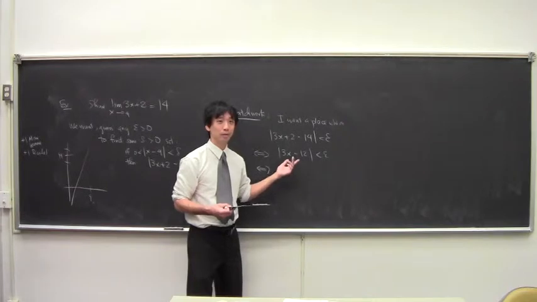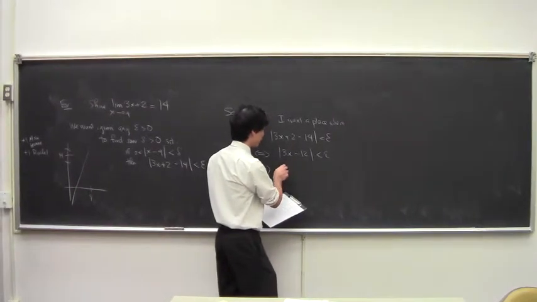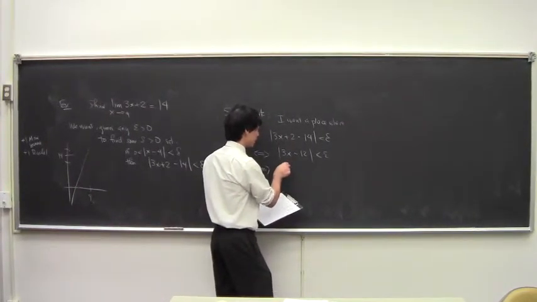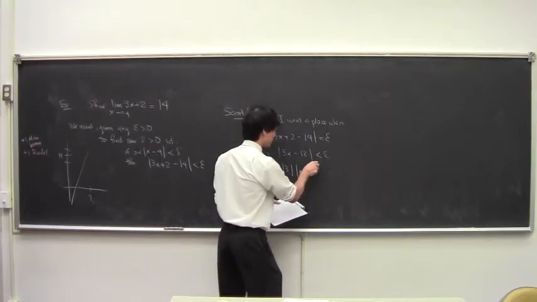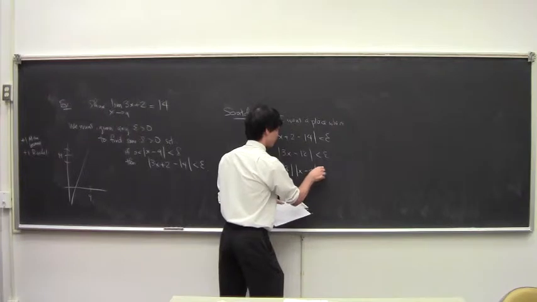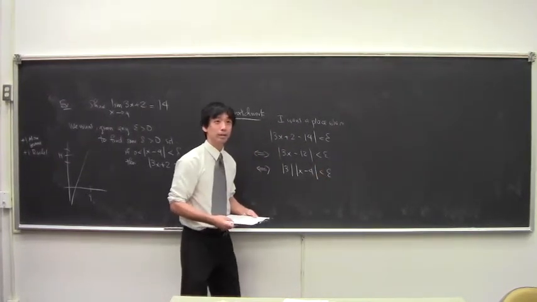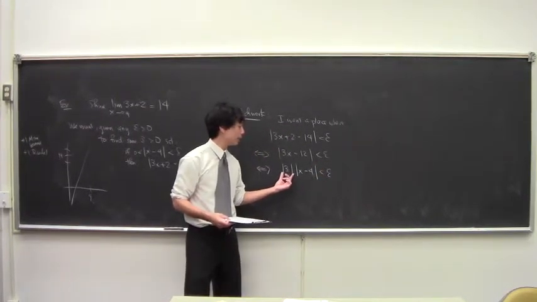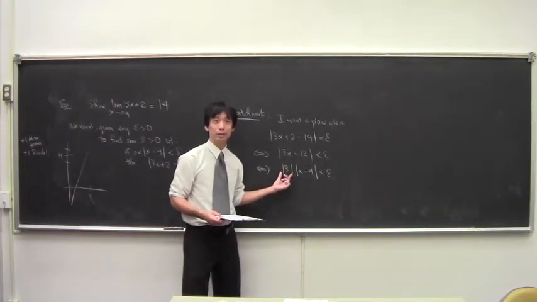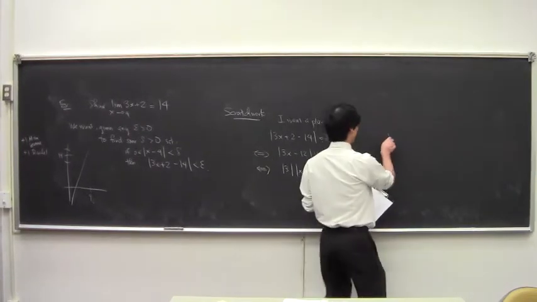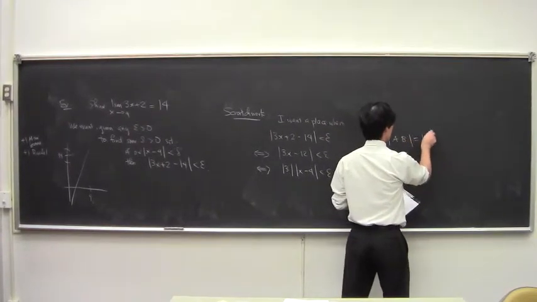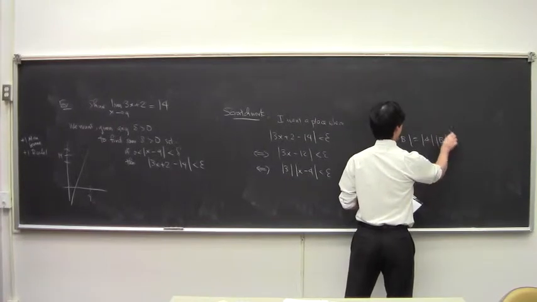Taylor? You can take out the 3. You can factor out, to be sort of pedantic, you could write it like this, just to make it clear that you're pulling it out. If you were pulling out a -3, it would also turn into a 3, because the absolute value of the product is the same thing as the product of the absolute values.